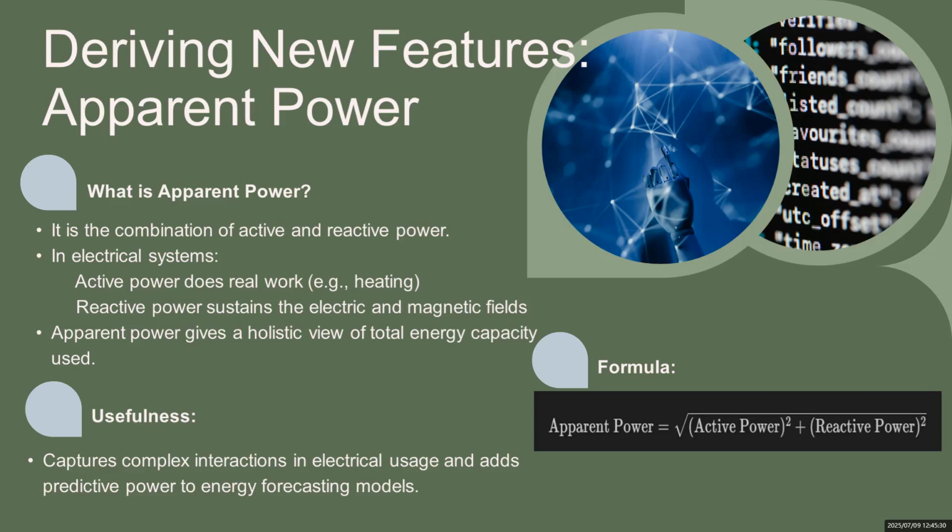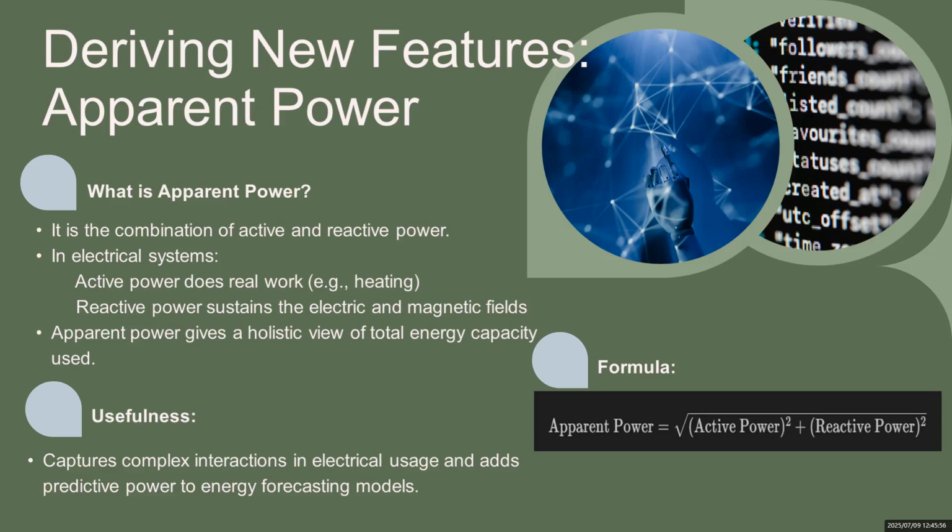So therefore, the apparent power gives a holistic view of total energy capacity used. So in this case, we have to derive a new feature which combines the active power feature and also the reactive power feature in order for us to have a rich and robust feature that combines both.